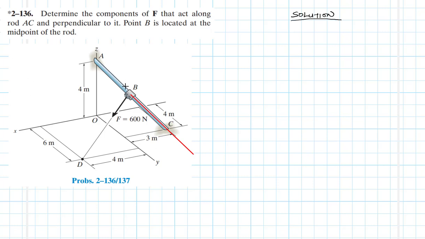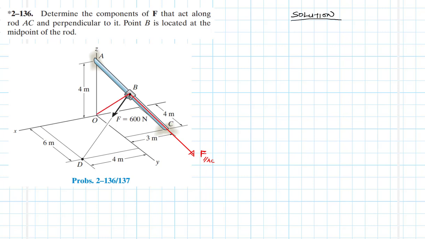Okay. So imagine this is the center of where F is applied on the rod. So we want to find this component that I'm going to call F parallel to AC. Not only that, they've also asked us to find another force that's perpendicular to AC.